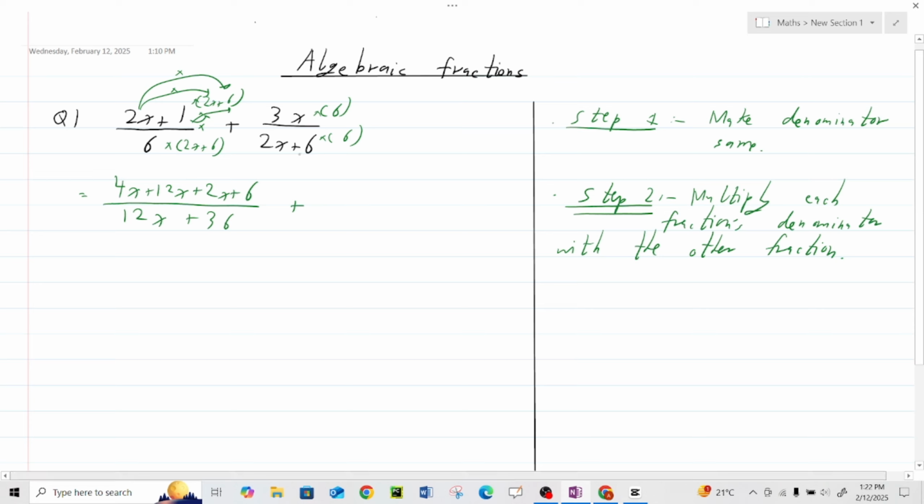For the second one, 3x times 6 gives me 18x. Then on the denominator we have the same number, 12x plus 36.